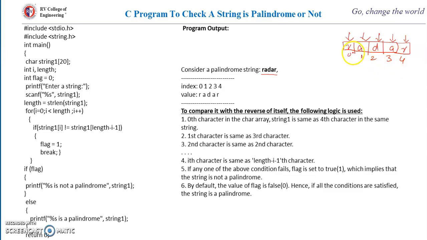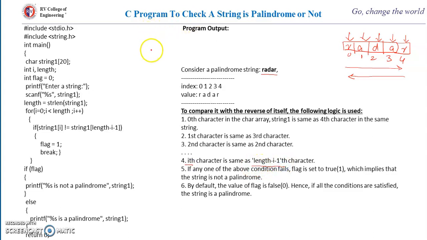Because if I say the string is same as the reverse string, means from this side if I read the string, or from this side I read the string, I should get the same string, right? So this one should be same as this one, and second character is same as the second character. So ith character, we can say ith character is same as length minus ith character.